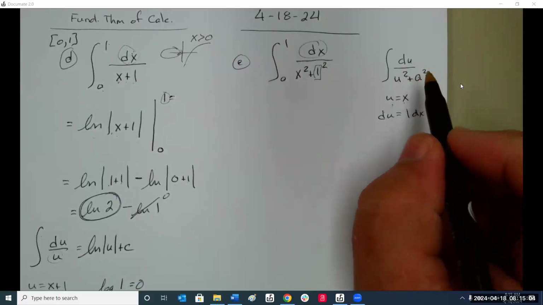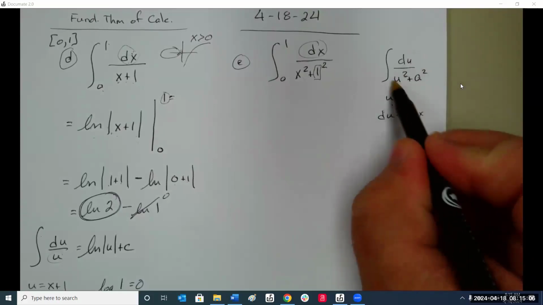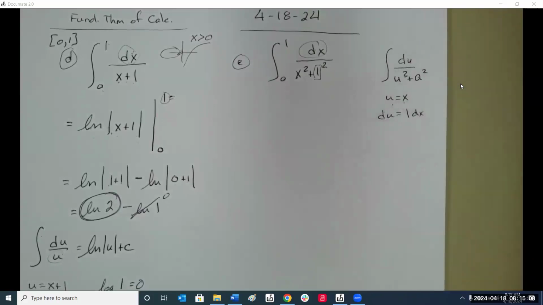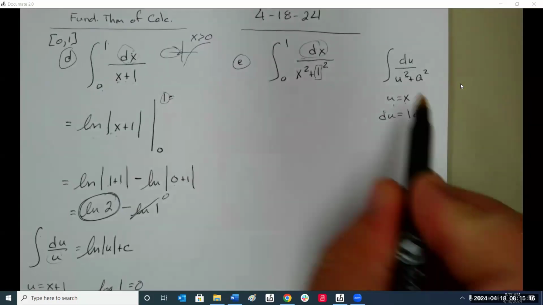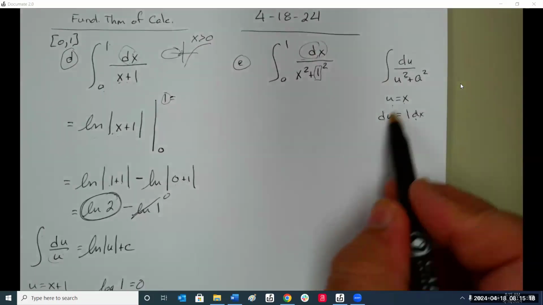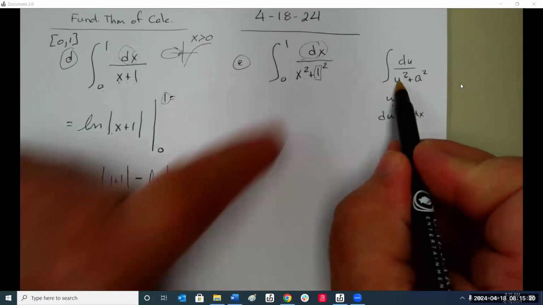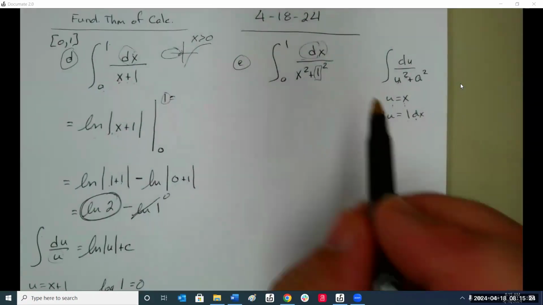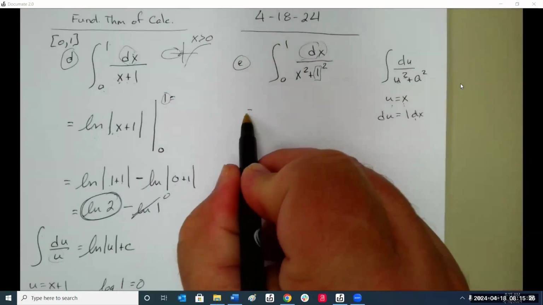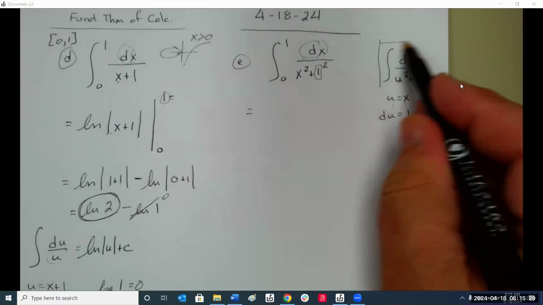So now where do we have in our table this setup? What does that equal? Because is our numerator dx? Yes. That's the derivative of the bottom, since u is x. So what does that equal? What do we see in the table? Do we see this anywhere in the table?